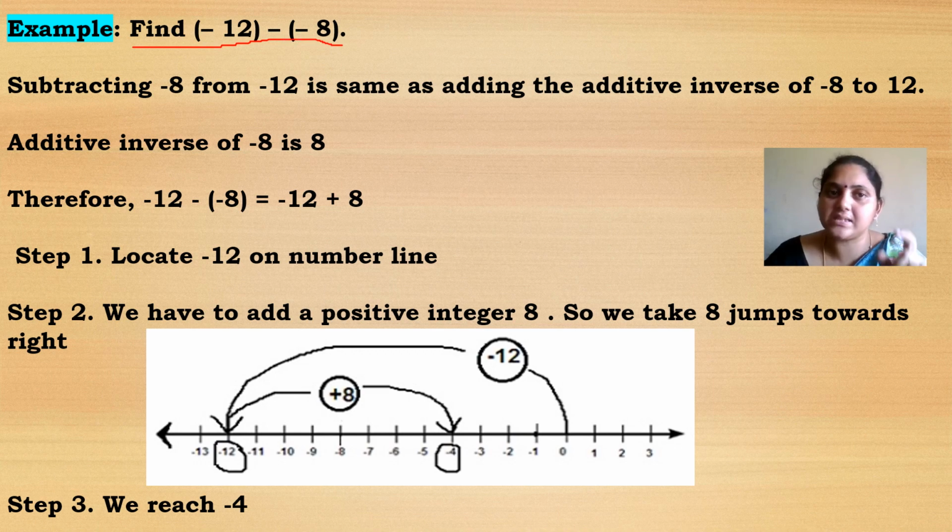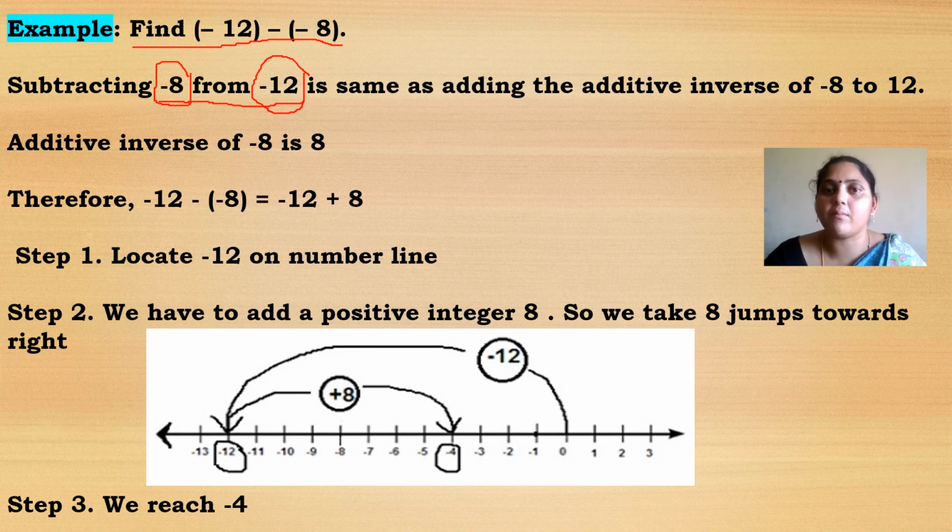So minus 12 is a single negative integer, and again minus is there. We are subtracting two negative integers here. So when we are subtracting two negative integers, what we have to see is that we are subtracting minus 8 from minus 12. Our bigger number is minus 12, so we have to subtract our smaller number minus 8 from that.